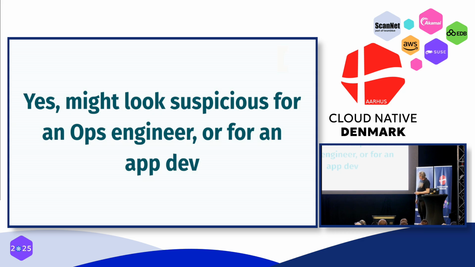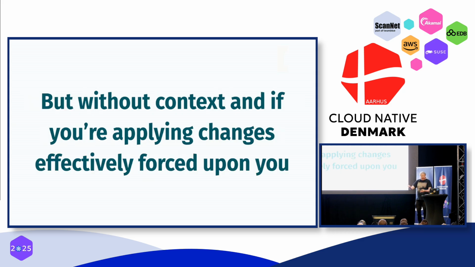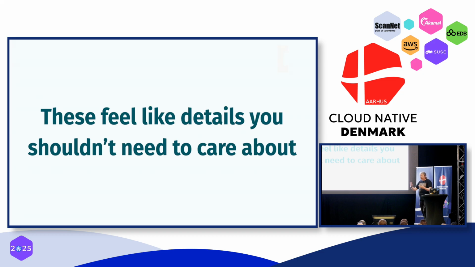But if you are without a context, if you don't know other things behind this change, and if you are part of the dev team and you are supposed to keep the IaC up to date, then these are effectively forced upon you. And you think that these feel like details you shouldn't need to care about. I'm sure the people who made this change know what they're doing and have tested the changes.